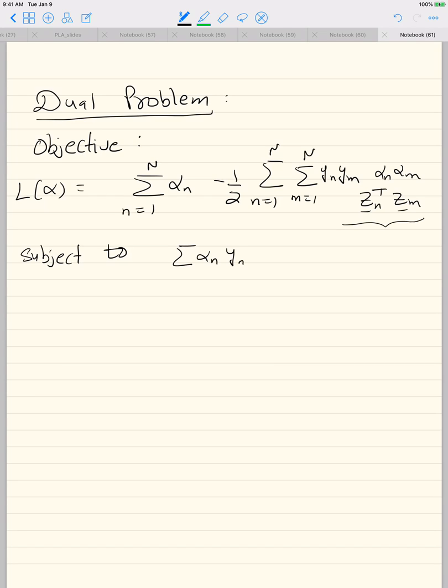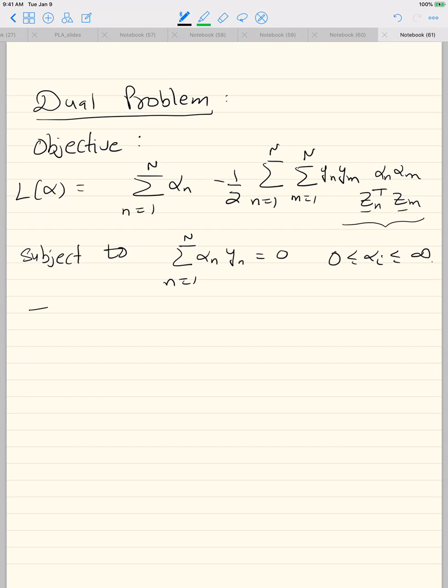So the constraints we had were this, and the alpha i's are non-negative. Okay, so for the dual problem, if you had to do a nonlinear transformation, the only change that would happen was to replace xn transpose xm with zn transpose zm.